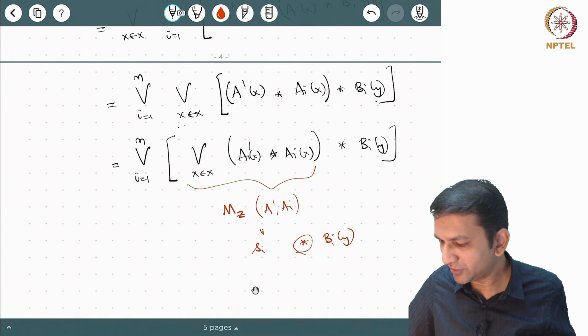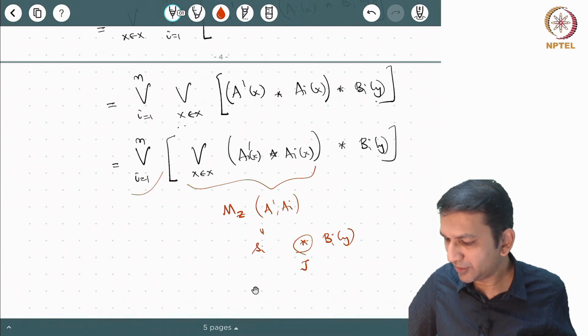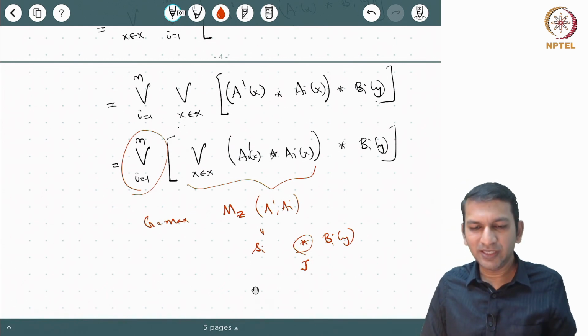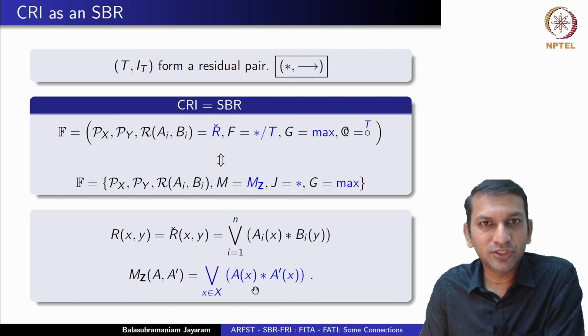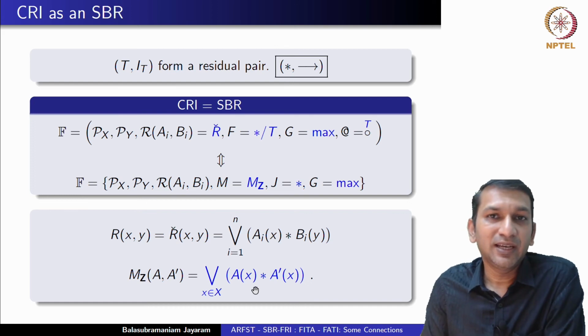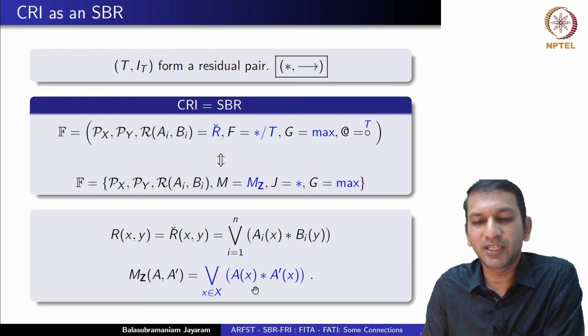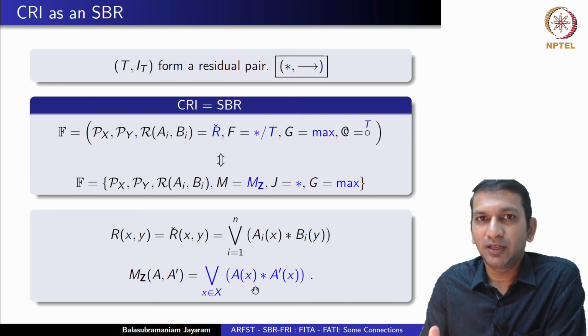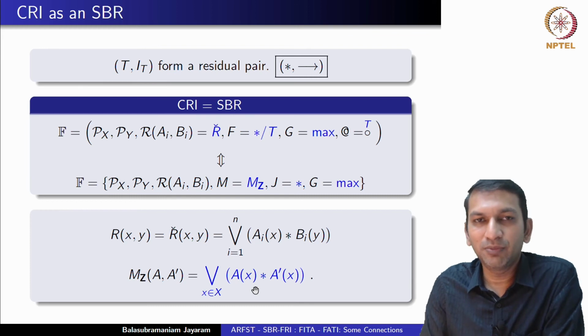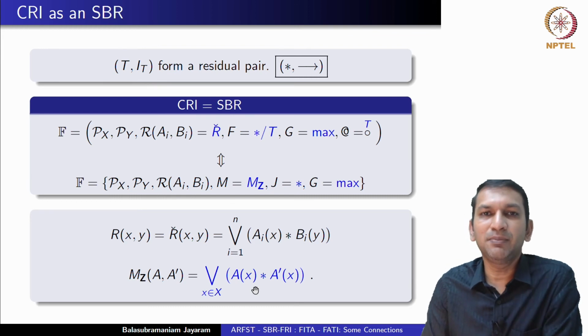So this is our J star, and for aggregation we have G equal to max. So we see that CRI, when we use the relation R check, is in fact equivalent to an SBR where the matching function is the lattice function, the modification is given with the same T norm, and the aggregation is the maximum aggregation.